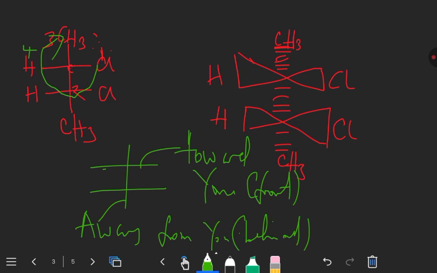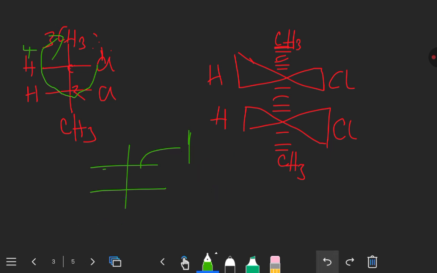So always interchange the configuration if the fourth group is in front or pointing towards you. It was initially R configuration, so we change it to S configuration. So that is S. Then now let's look at the other carbon there.